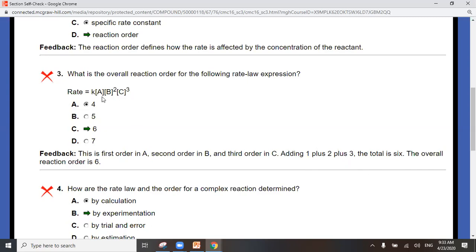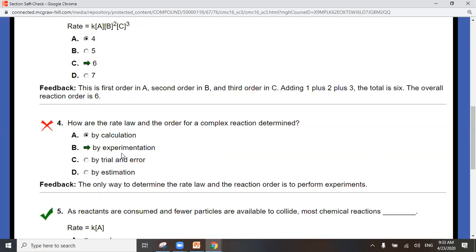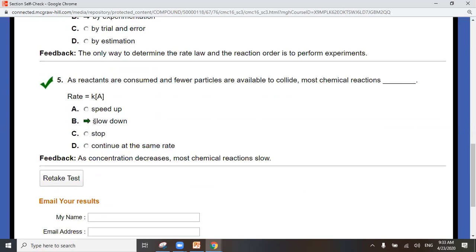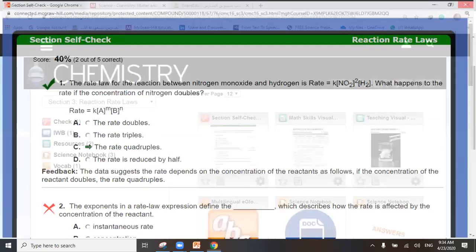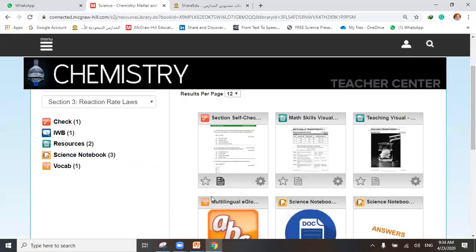Number 4 is by experimentation, not calculation. And the last one, the reaction will slow down. This is the test about our session.